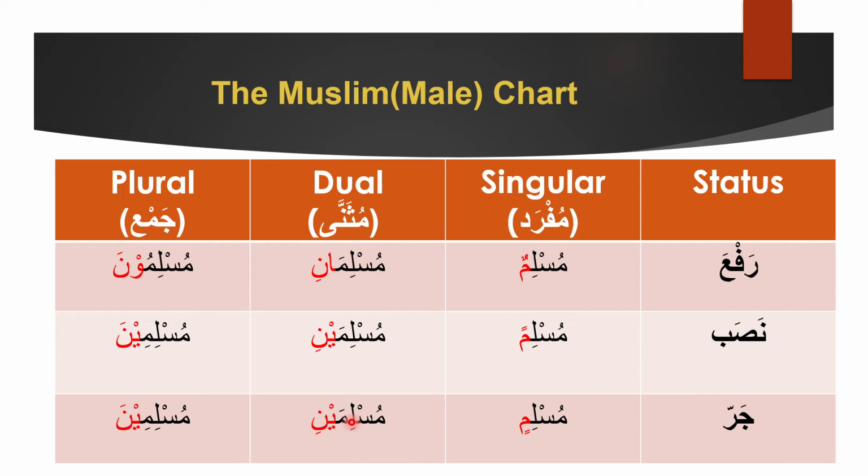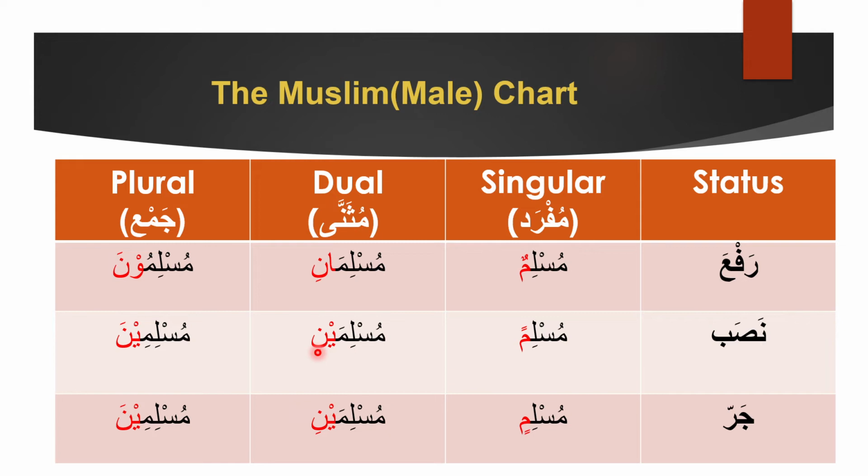Okay? Now let's go to the plural form. Plural form is easy. We can understand that in English also. More than two is plural. Now how is it determined here? Muslimu. Till here it's similar to the singular version. Then it comes una. Muslimuna. This means that it's Rafa. Muslimina, the ya noon over here.